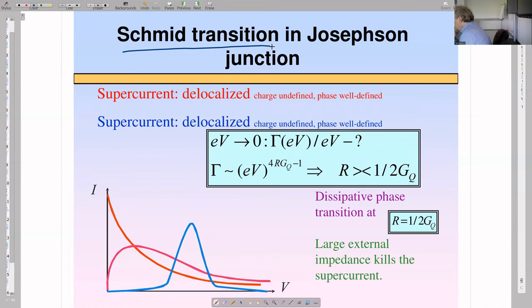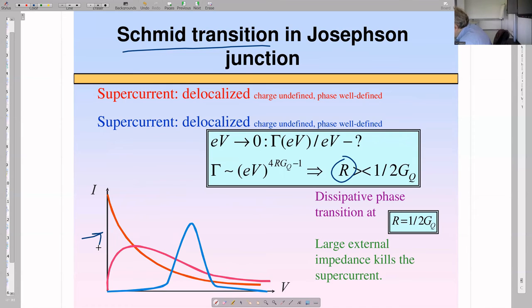Supercurrent is finite at lower resistances, smaller than this threshold value. And if the environment has bigger impedance, the fluctuations of this environment completely suppress the Josephson effect.